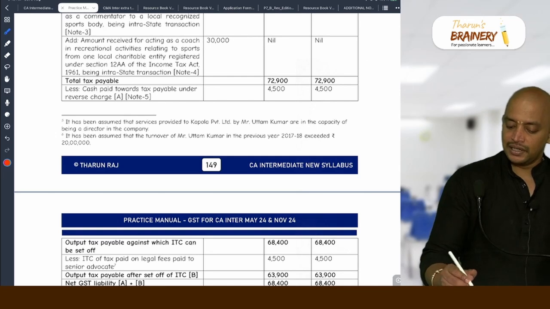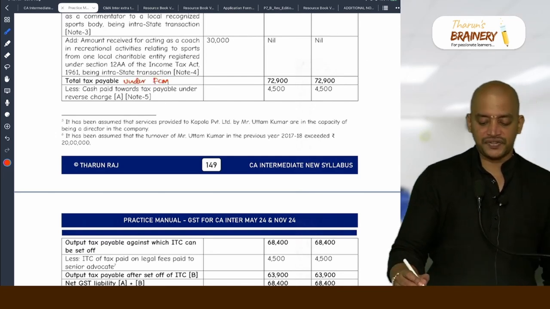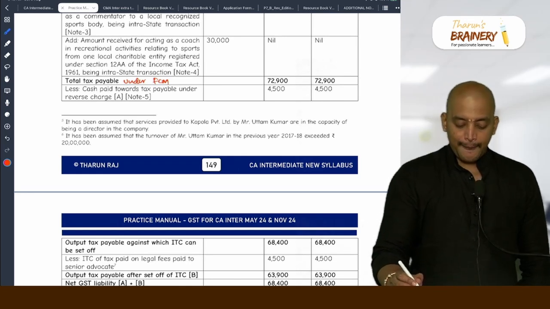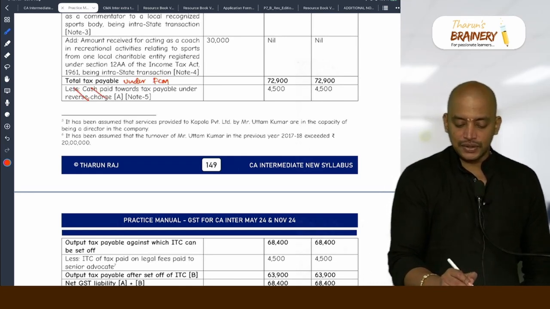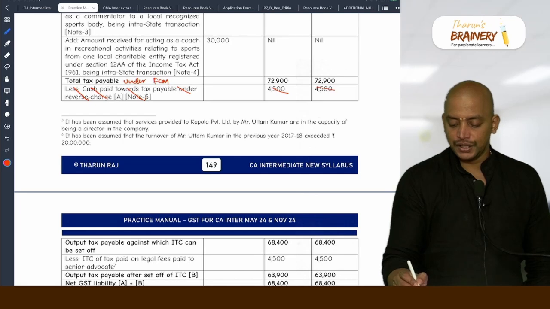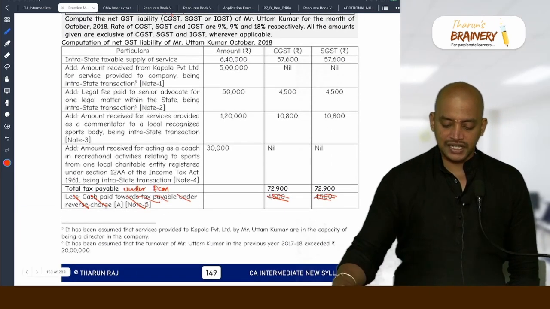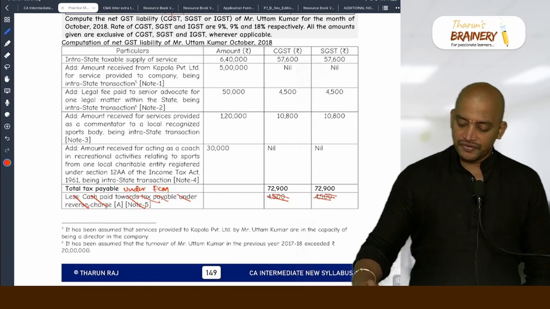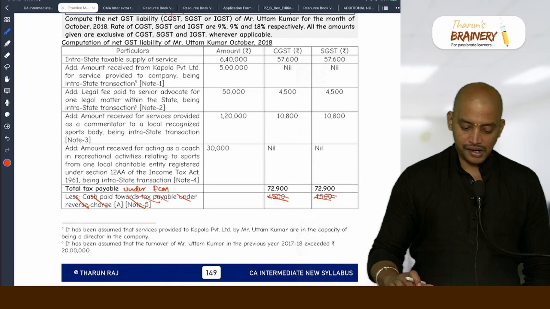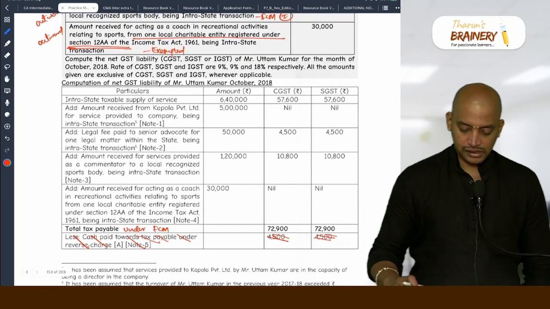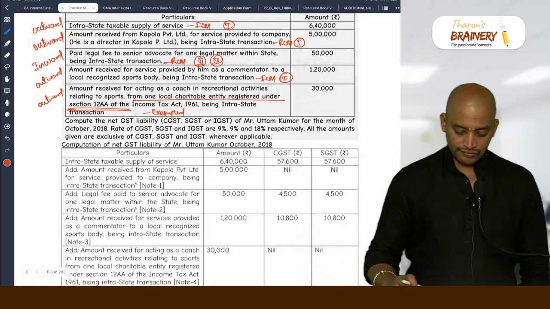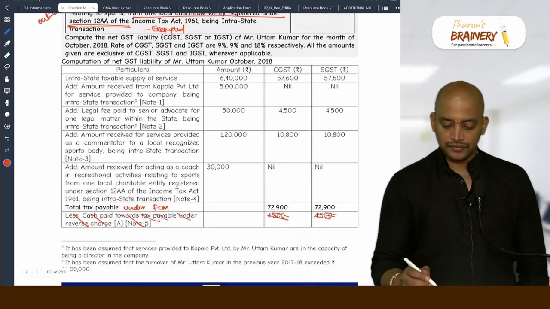Total tax payable under FCM. Next, this you leave, you remove. Total tax payable under FCM. Is this total 72,900? Check. 57,600 plus 4,500. Correct.